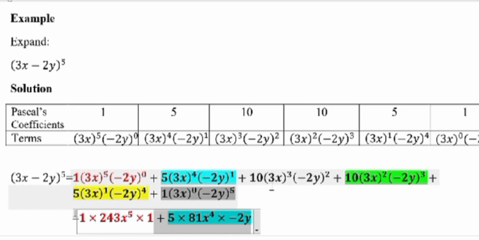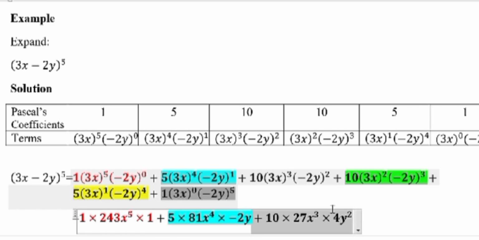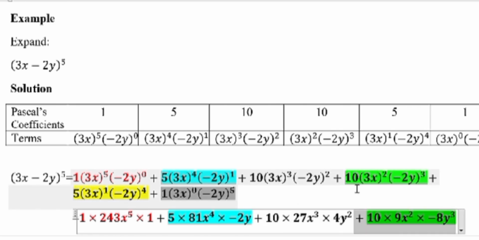Then plus 10 times 3 cubed is 27, then minus 2 squared is 4. So we shall have that term. Then for this we shall have 10 times 3 squared gives us 9. X squared is x squared, minus 2 cubed will give us minus 8, then y cubed.